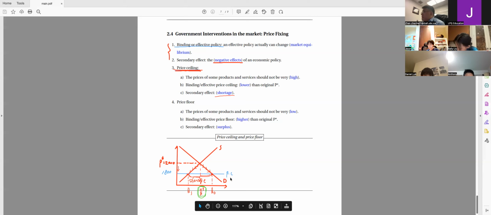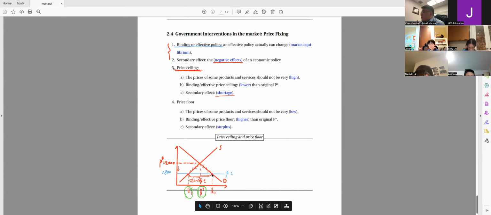After we add a price ceiling, does the quantity traded increase or decrease? It should be decreasing to here.